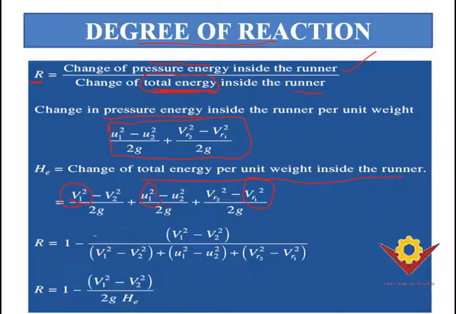If you place these two equations in the reaction ratio, you will get this particular equation, which is R equals 1 minus (v1 square minus v2 square) divided by (v1 square minus v2 square plus u1 square minus u2 square plus vr2 square minus vr1 square).